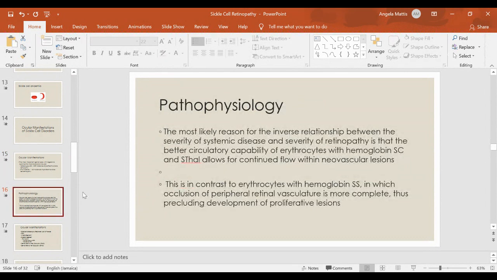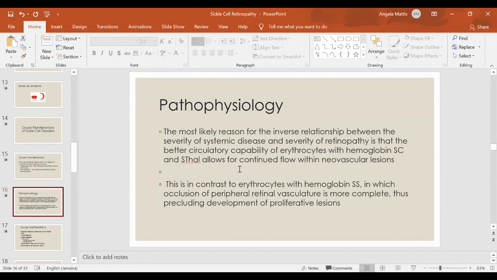Now, it's not very sure why that is. But I saw recently where one of the postulates for the severity of the retinopathy, as opposed to your SS disease, is that there is better circulatory capability of the red blood cells with hemoglobin SC and sickle beta thal to allow for continued flow within the neovascular lesion.